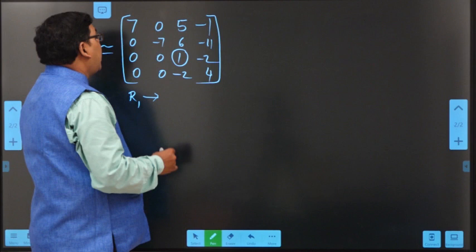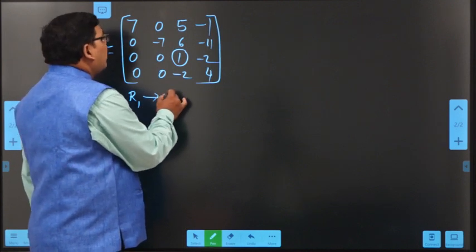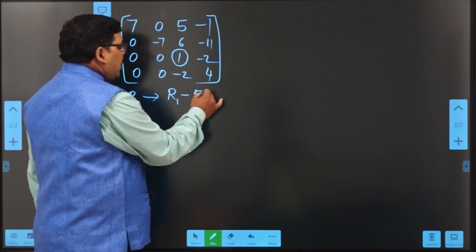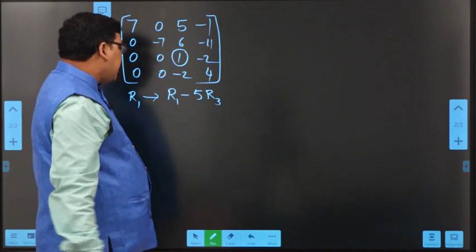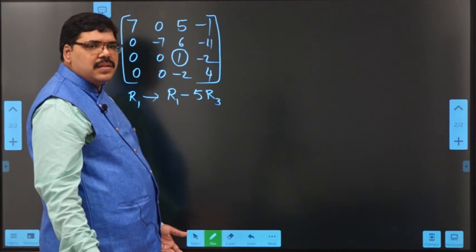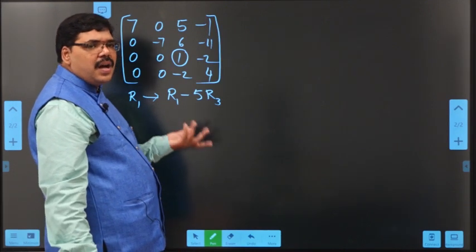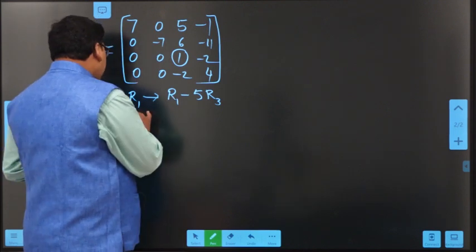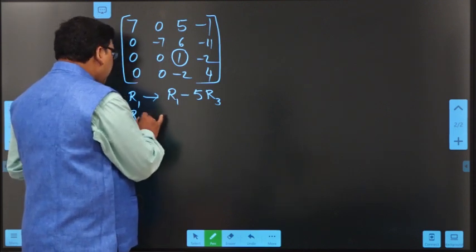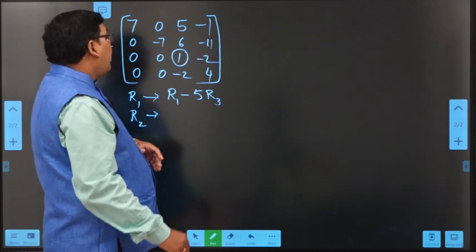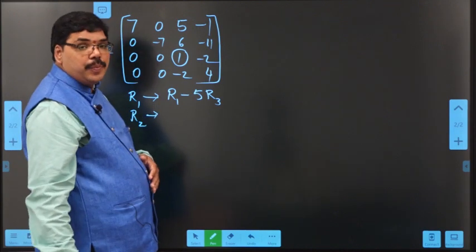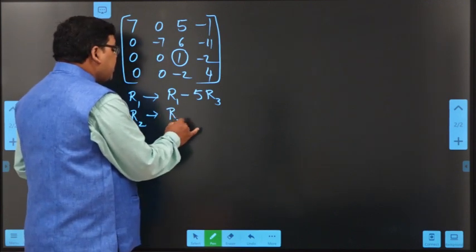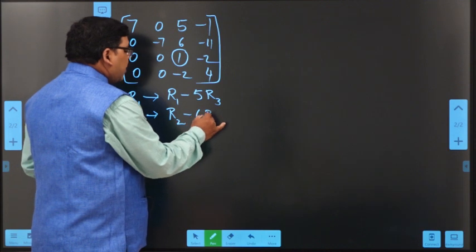So the first row, R1, changes into R1 minus 5R3. Why are you using R3? Because your principal diagonal element is in R3. So I am using R3. Similarly, I want to change the second row. I want to make 6 into 0. So R2 changes into R2 minus 6R3.